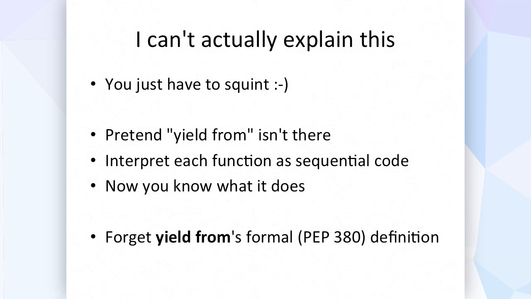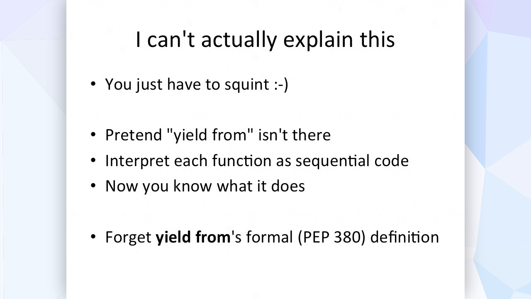So the one sad thing is I could stand here with a whiteboard and draw diagrams until I'm blue in the face, but I don't think I could really convey an understanding of what happens here. There's a trampoline involved, and the generator implementation is super complicated.